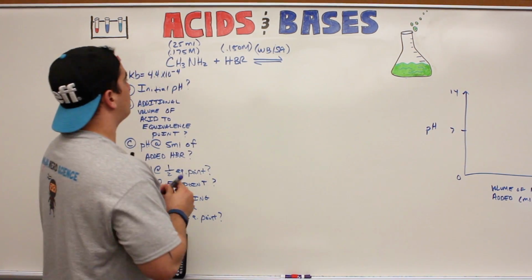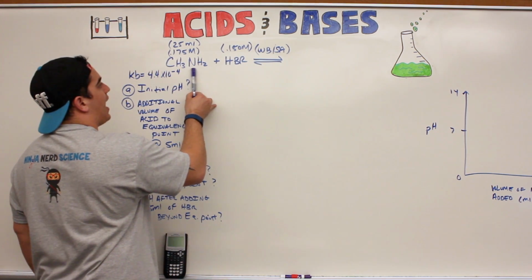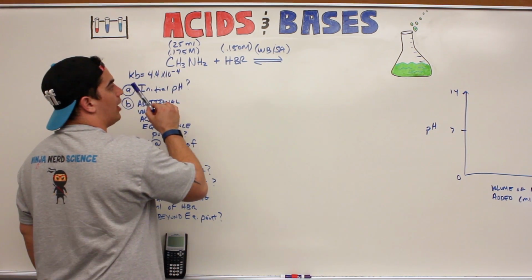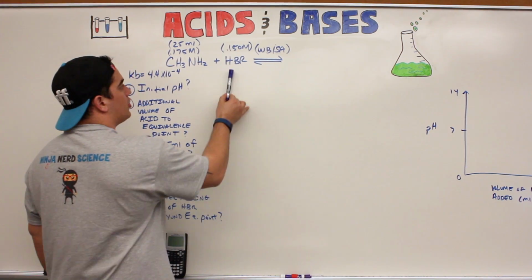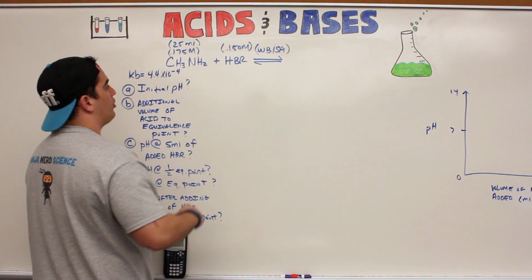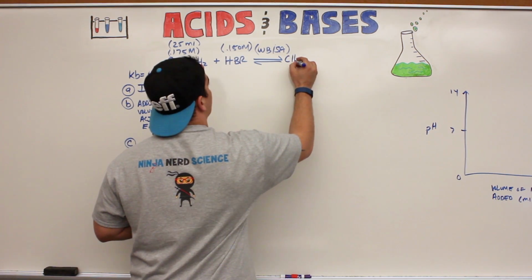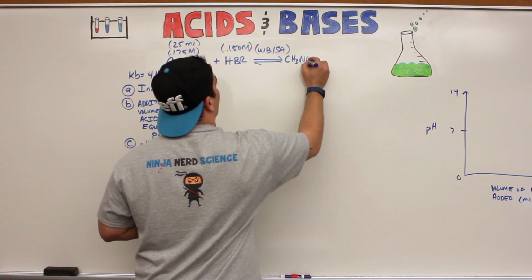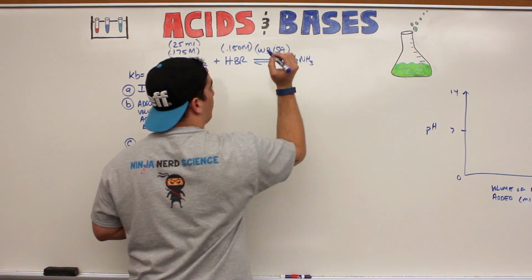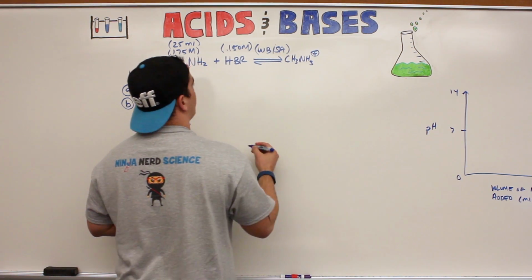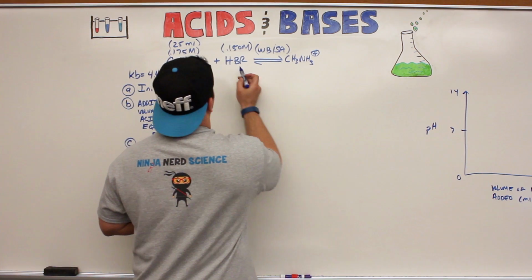All right. So methylamine, if he's acting as the base, he accepts a proton. Who's the acid? HBr. So HBr is going to give up that H and convert this methylamine into the protonated form. So CH3NH3 with a plus charge, it gains an H. And then what's going to happen?